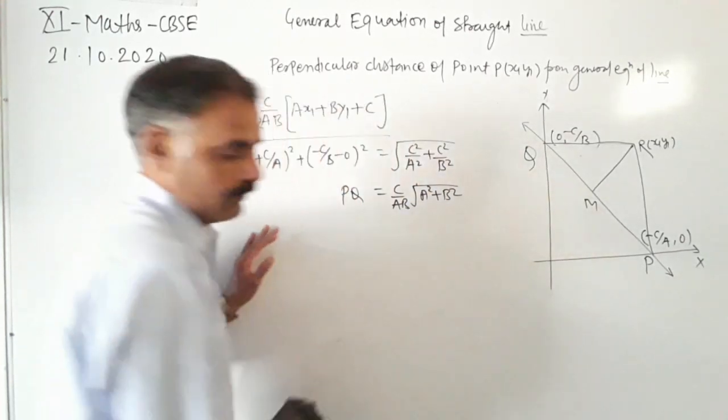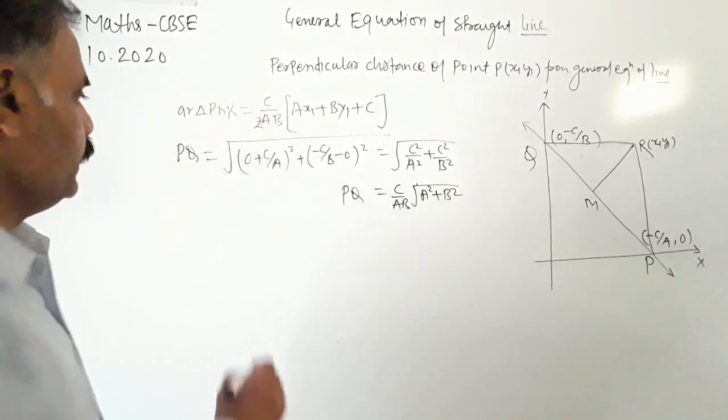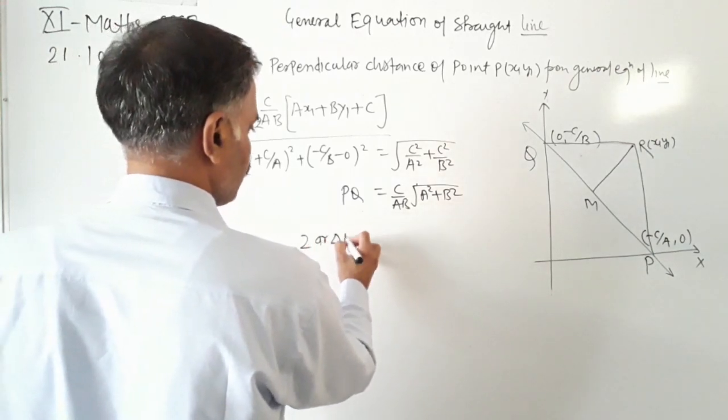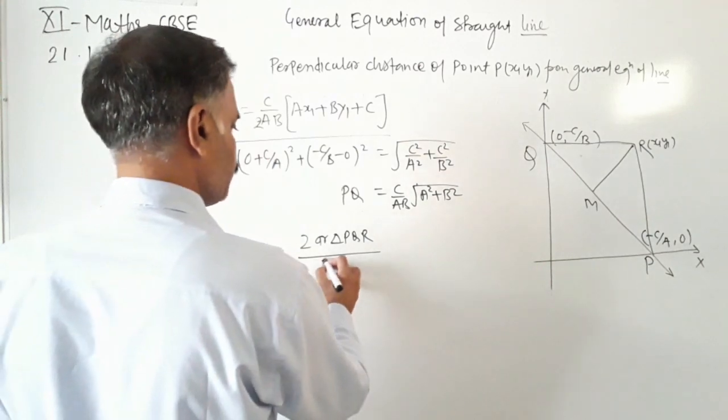Now we have to put these two values, area of triangle PQR and PQ, in RM. RM equals 2 into area of triangle PQR divided by PQ.